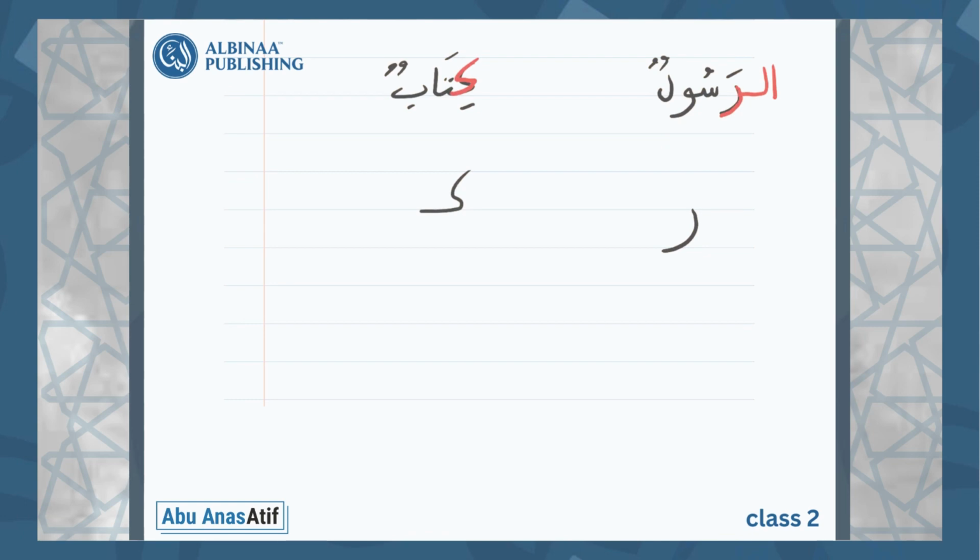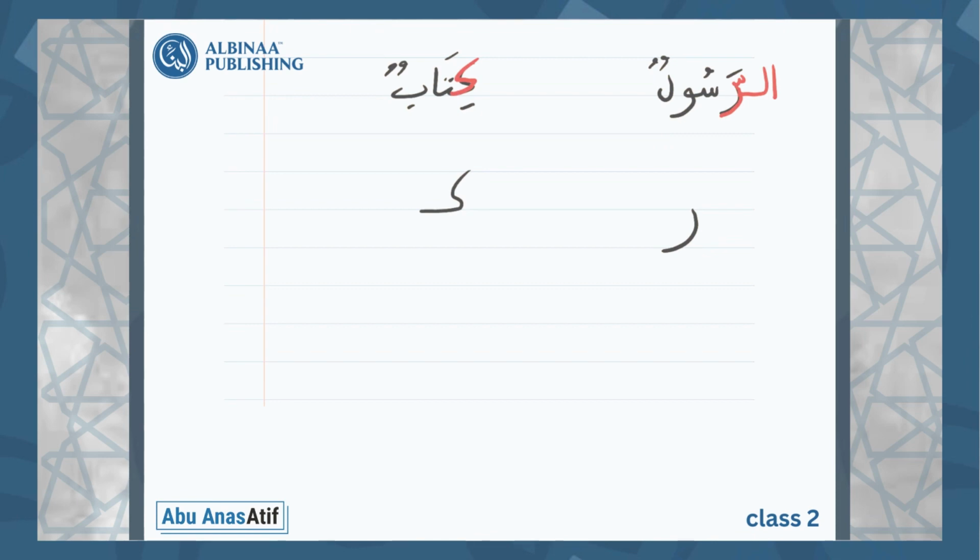I go from the alif at the beginning straight to the ra, so it becomes ar-rasulu. You don't say al-ra, you say ar-ra. You skip over that lam and go straight to the ra.